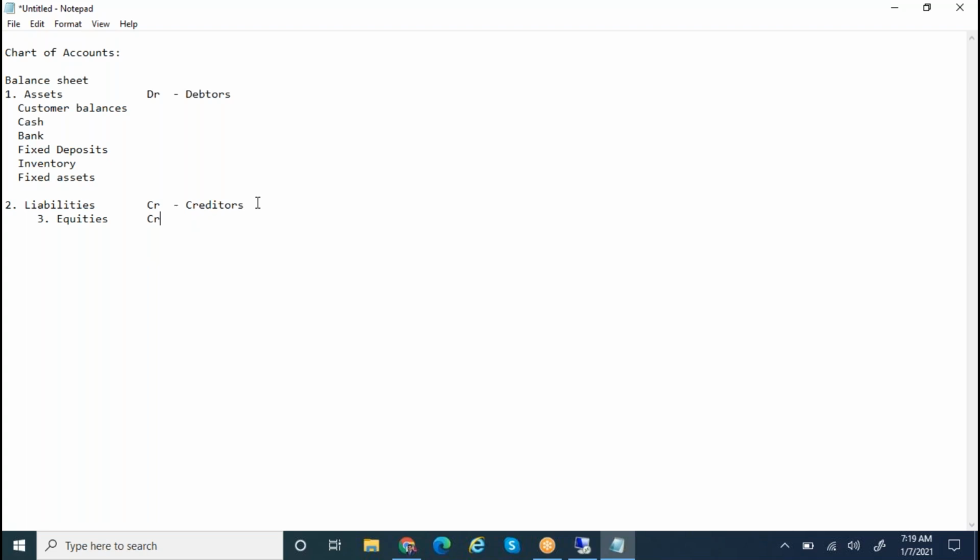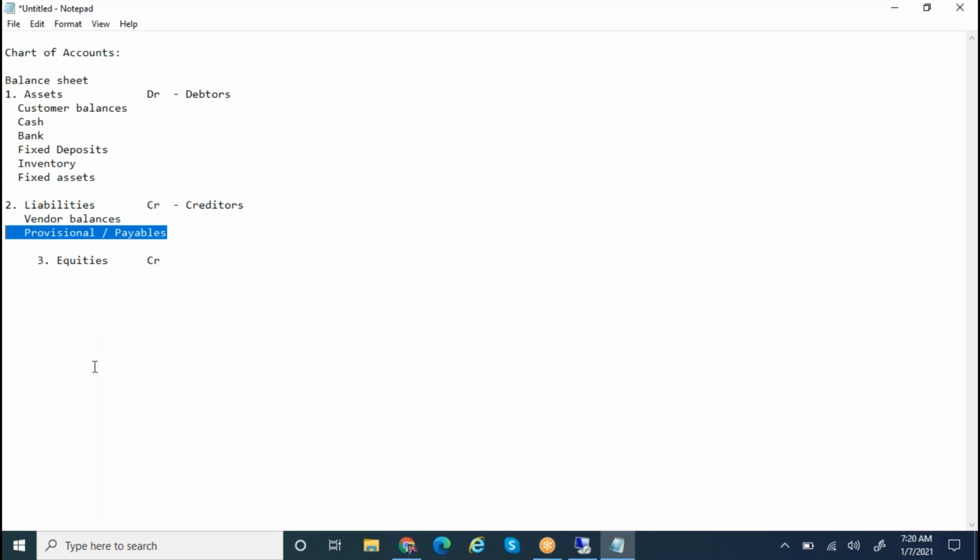Liabilities, what will be covered? All vendor balances and provisional entries. Okay, this will be covered under liabilities. What is this provisional entries? If you know about commerce, that is fine. If you don't know, you will understand this one later.